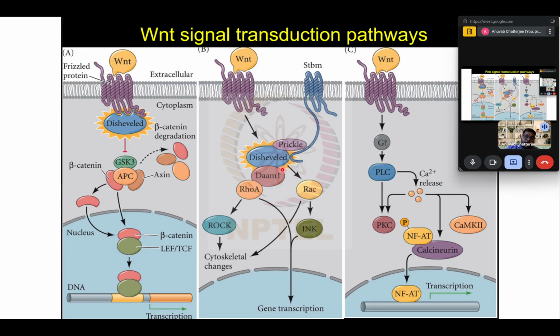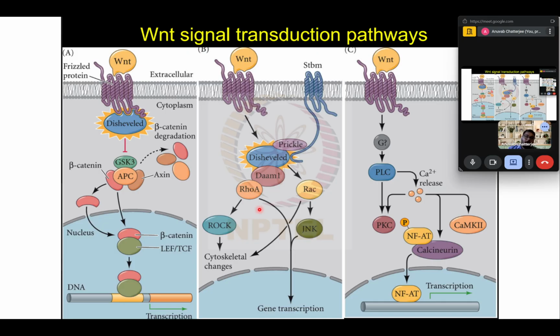The other way disheveled can act is it interacts with RAC, activates it, which in turn activates either JNK, causing gene transcription, or directly again cytoskeleton changes. So this Wnt non-canonical pathway helps mostly in cytoskeletal rearrangements in the cell.